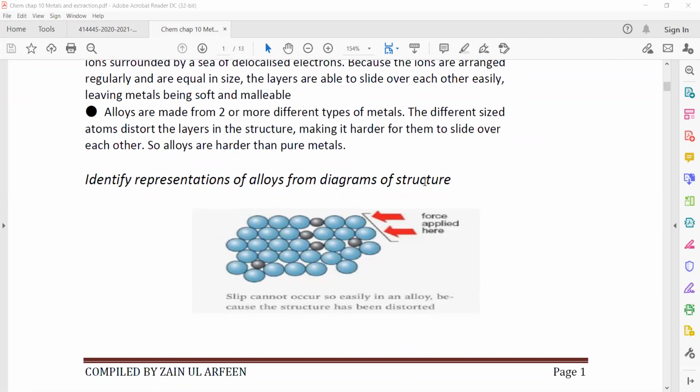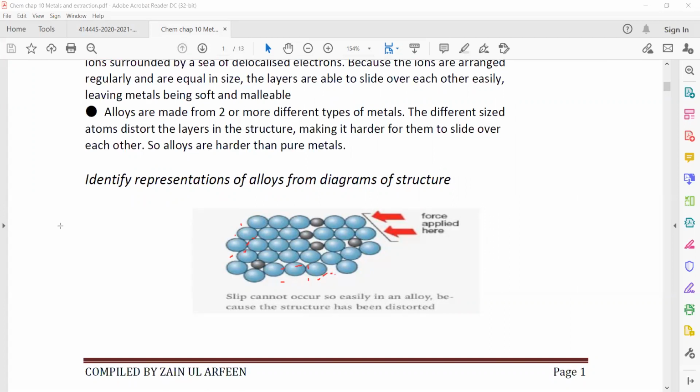If they ask to draw an alloy, normally you don't have to draw the delocalized electron, because delocalized electrons are there within the structure, but you don't have to show. Barely what you're showing in alloy, you're showing the main structure. There will be delocalized electron, but we are not representing that.